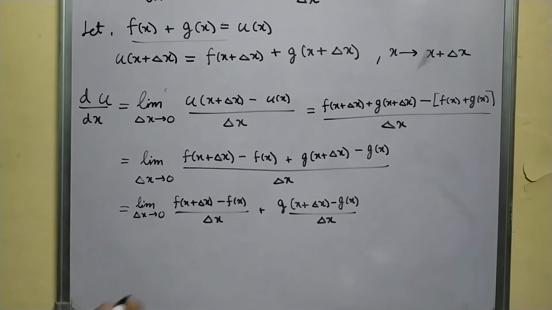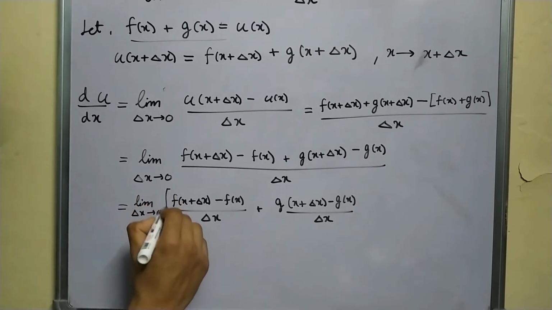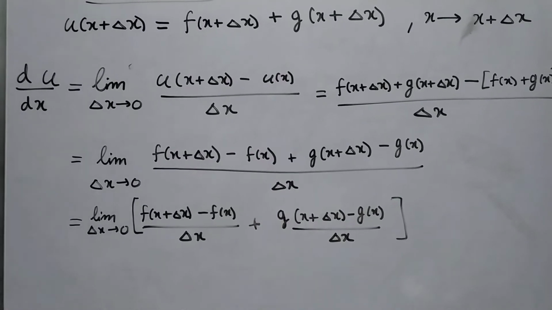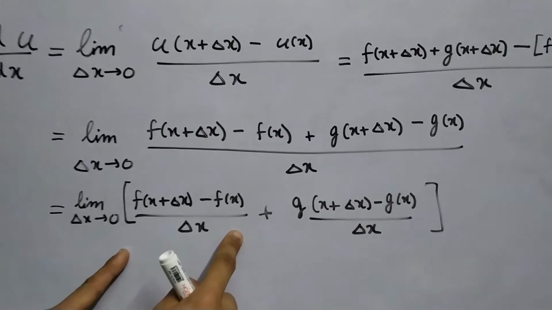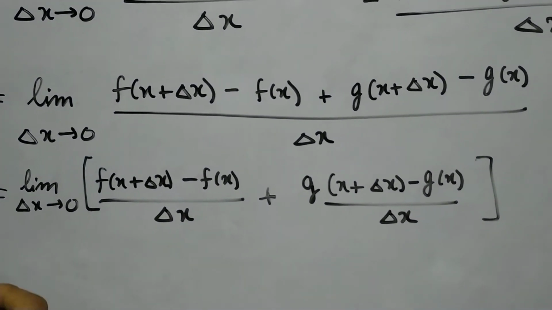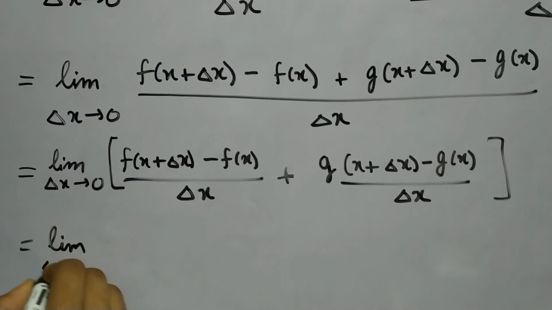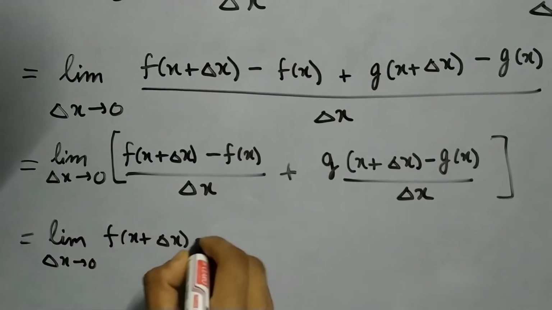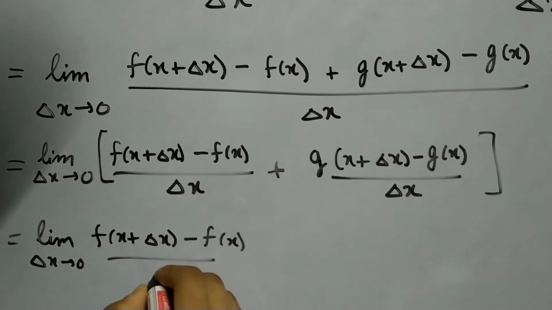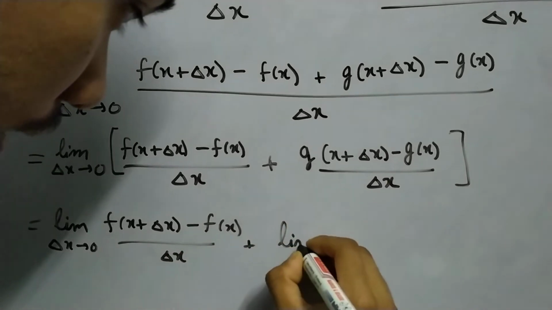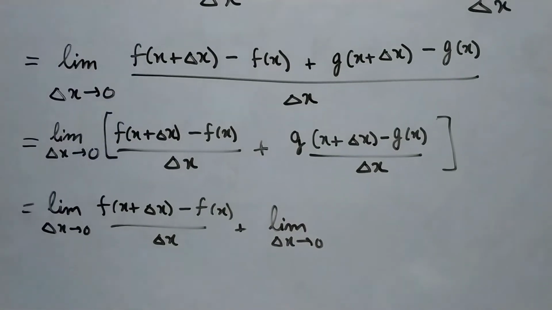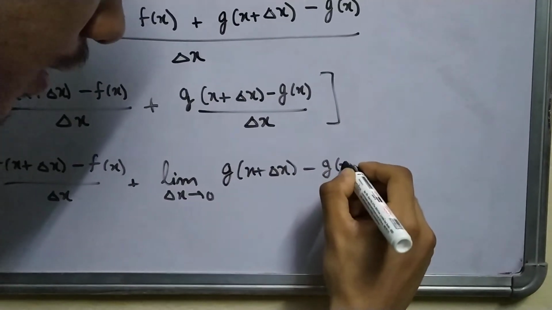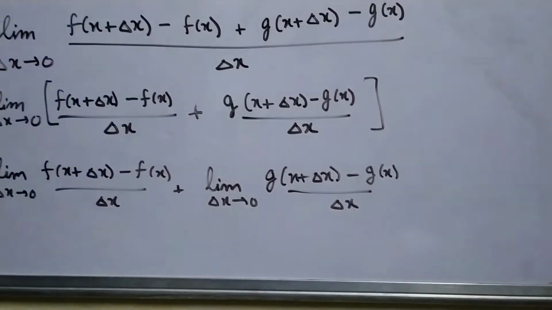Now you have the limit of a sum of two functions, and this will be the same as the limit of this function plus the limit of this function. So we get limit delta x approaches 0 of f of x plus delta x minus f of x upon delta x, plus limit delta x approaches 0 of g of x plus delta x minus g of x upon delta x.